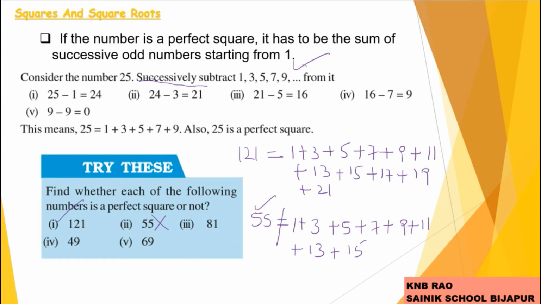The successive steps, how we have done, this way we can write. 55 minus 1 in the first case gives 54. In the second step, 54 minus 3 gives 51. In the third, 51 minus 5 gives 46.